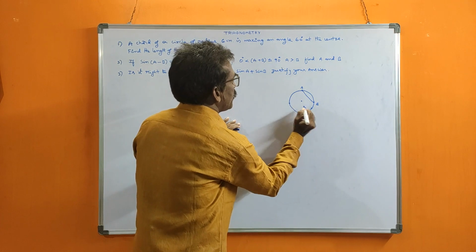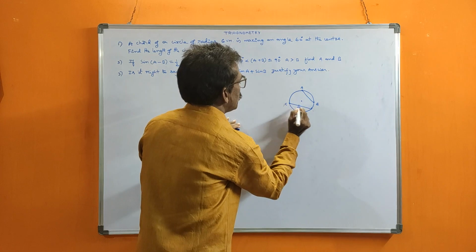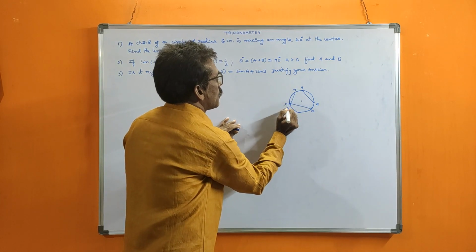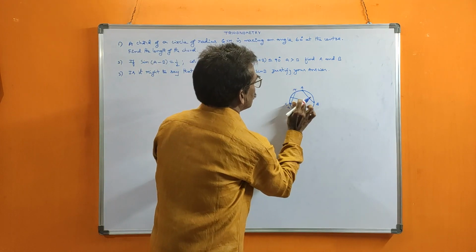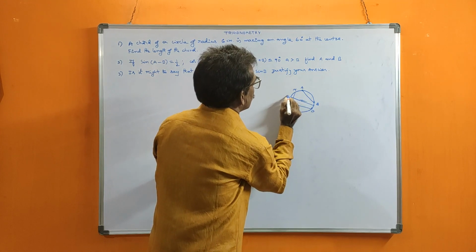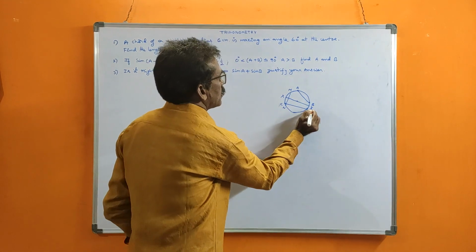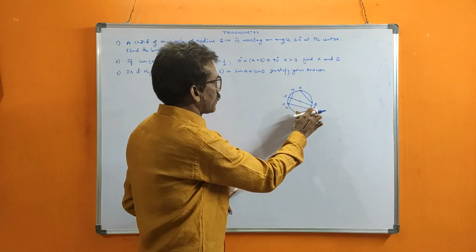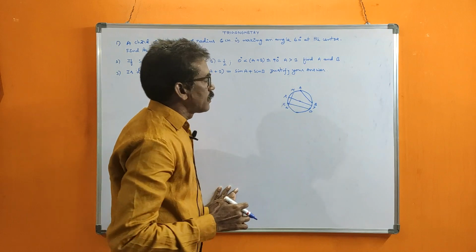Similarly we can draw CD, MN chords anywhere. XY is also a chord, but this chord is passing through the center of the circle, and specially this chord is called the diameter.